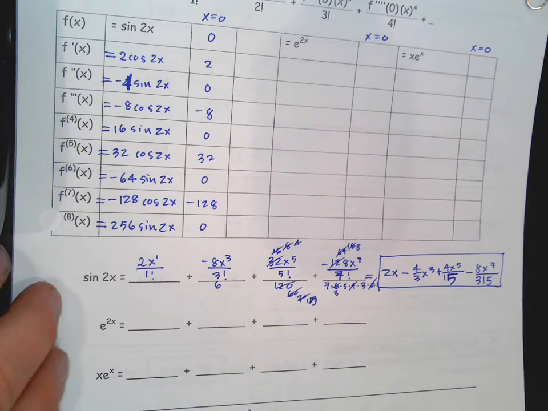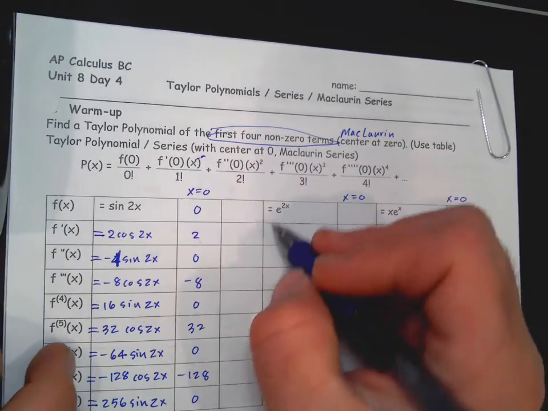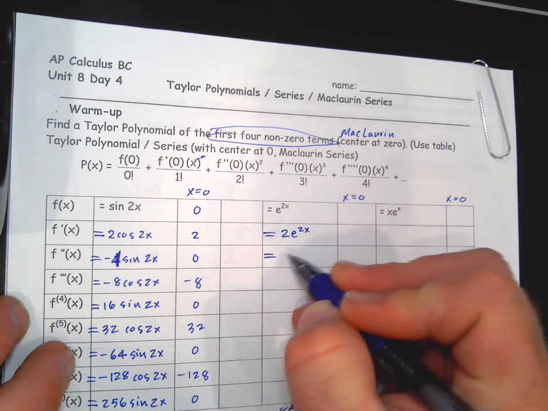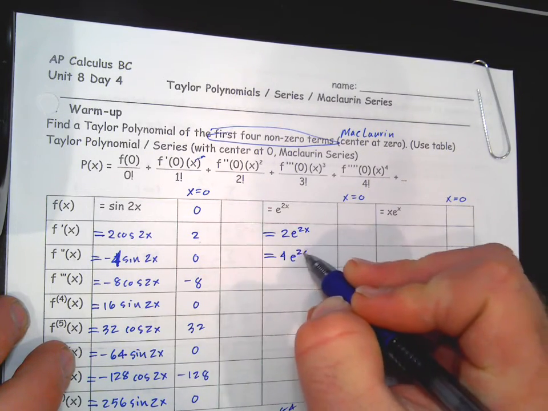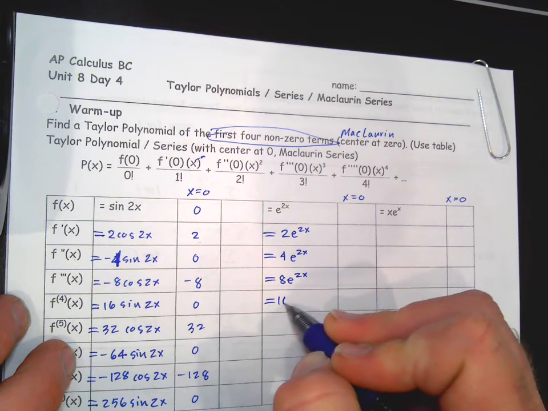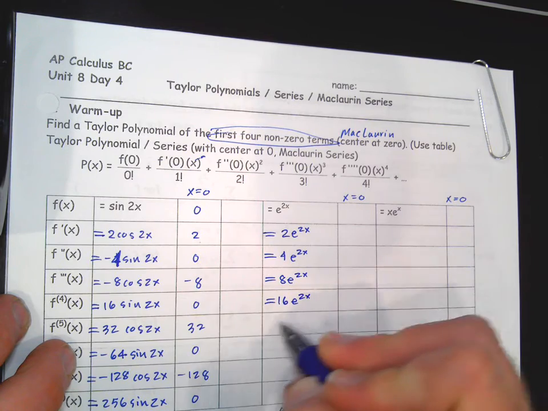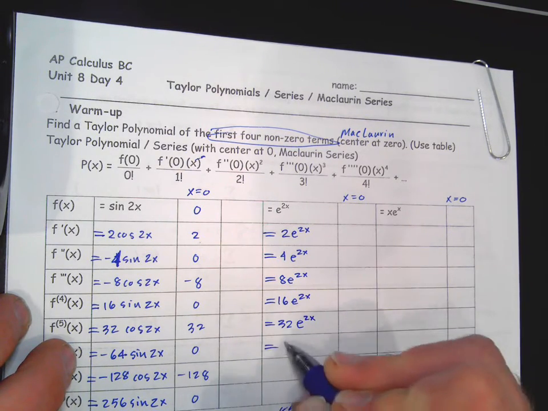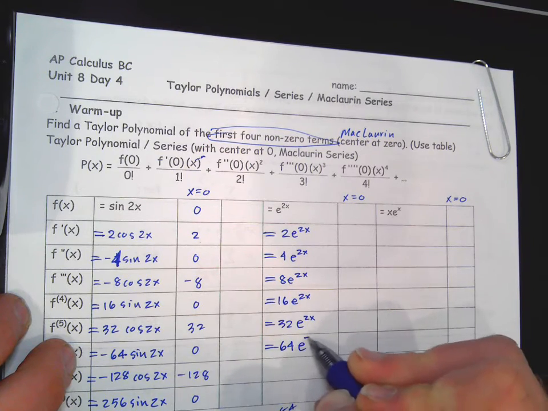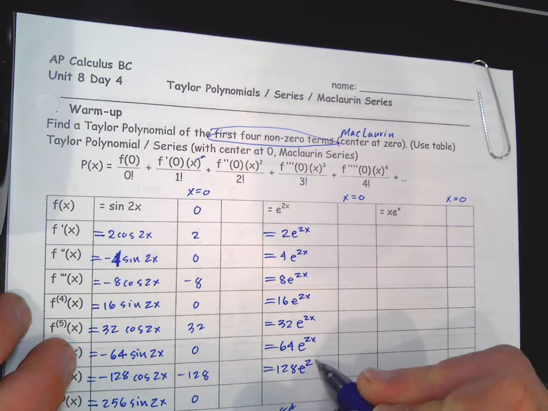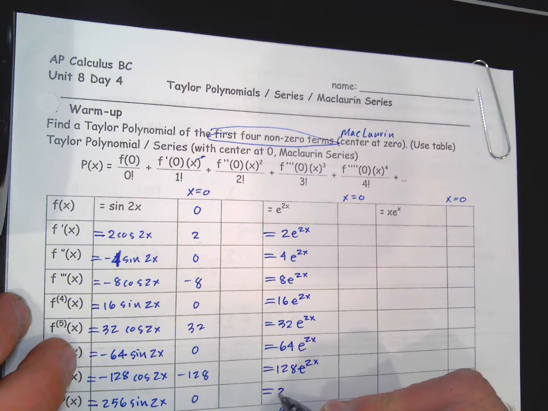Okay, assuming that you've tried all these, the next derivative here, chain rule, 2e to the 2x, 4, 8, 16, 32, 64, 128, 256.